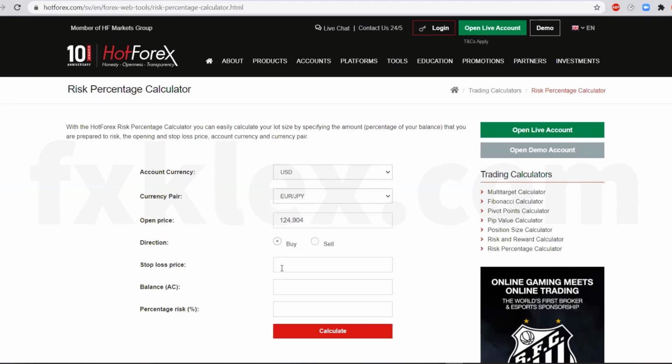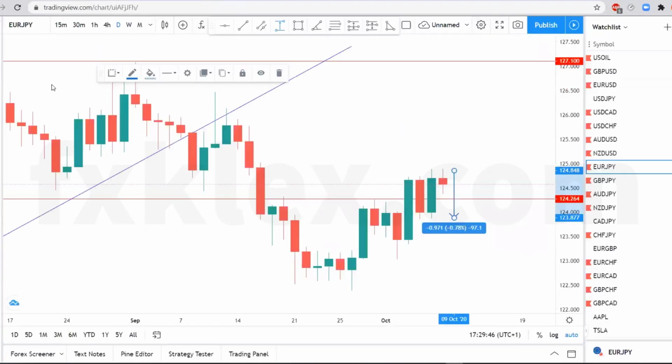Okay. So the next option says stop loss price. That is the price level we want to implement our stop loss. So what I need to do is navigate to my chart. I want to get out at the price level of this bar right here. So what is the price level of this swing, which I want to implement my stop loss? Remember, I want to implement my stop loss at this structure right here.